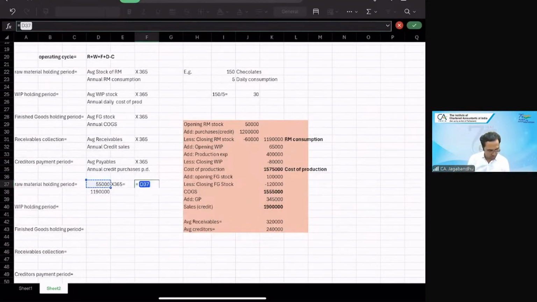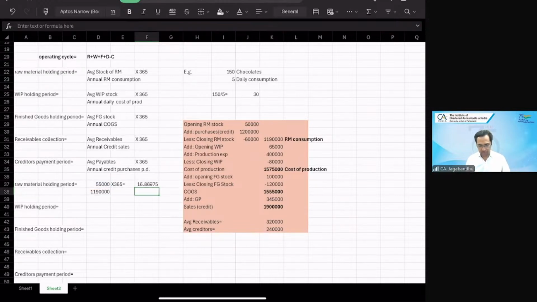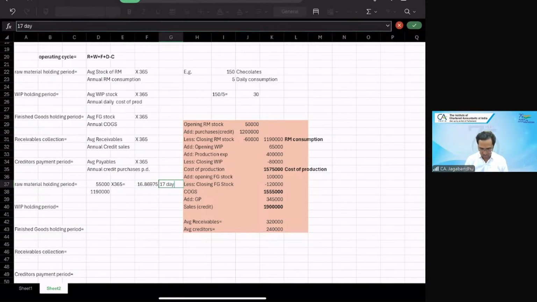55,000 divided by this, multiplied by 365. That is 16.86, so we call it 17 days.